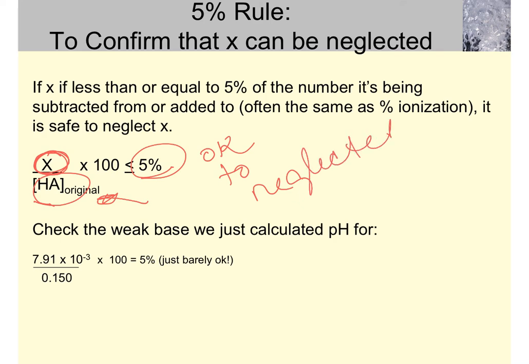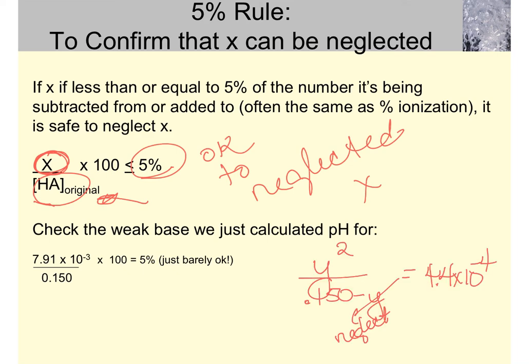So let's check the 5% rule for the problem we just did with the weak base, methylamine. The value that we would have gotten for Y if we had neglected X is 0.00812. And that compares to the Y we did get from the quadratic.